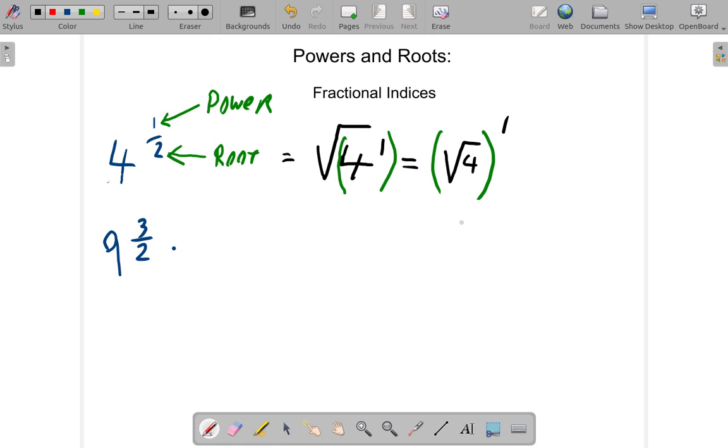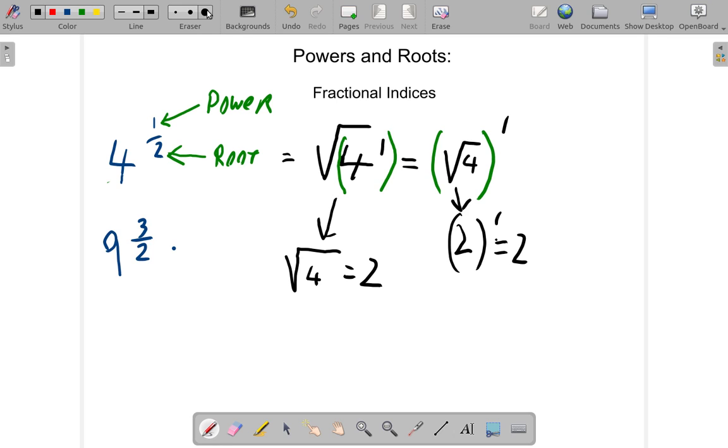The square root of 4 is 2. 2 raised to the power of 1 is what? It's just 2. So this tells you the square root of 4, which is 2, raised to the power of 1, gives you 2. This one tells you the square root of 4 to the power of 1, but 4 to the power of 1 is 4, and the square root of 4 is 2. So you see, you get the same answer.